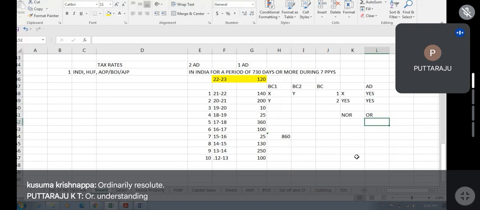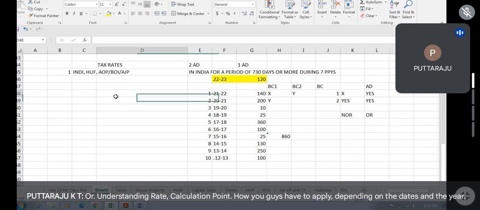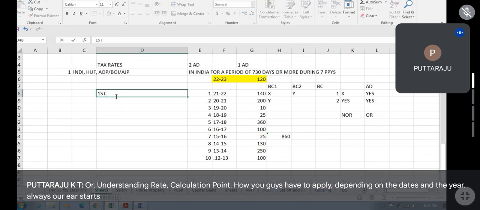Understanding right? Calculation part? Yes, sir. You have to apply depending on the dates and the year. Always our year starts on 1st April and ends on 31st March.